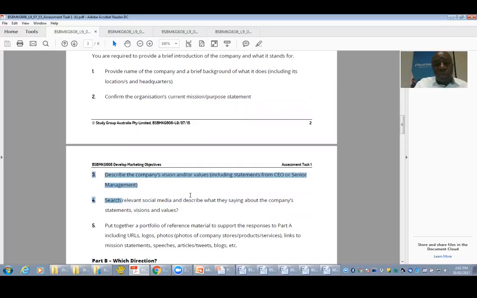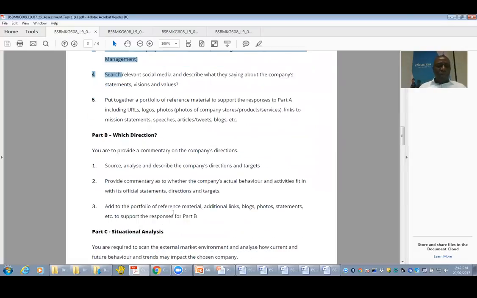There could be company reviews you'll have to research to find out what people say, what the annual reports are saying, and what the stock markets say, and which direction they see. So provide a comment on the company's direction, where they're going.